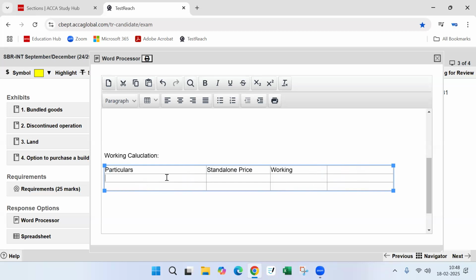Right. So you have computer, which has a standalone price of 1720. And this is the transaction price.